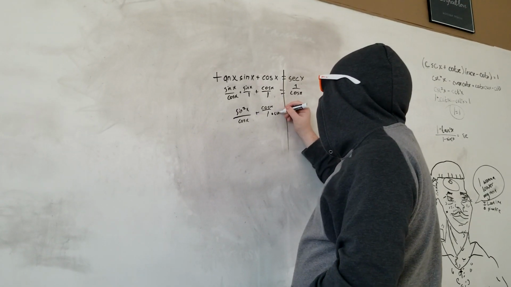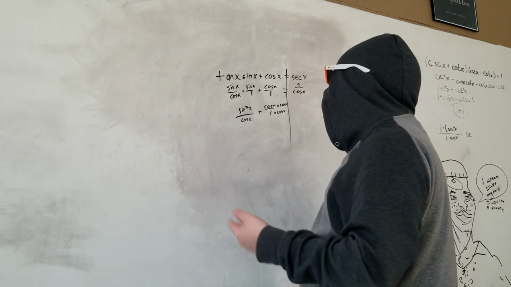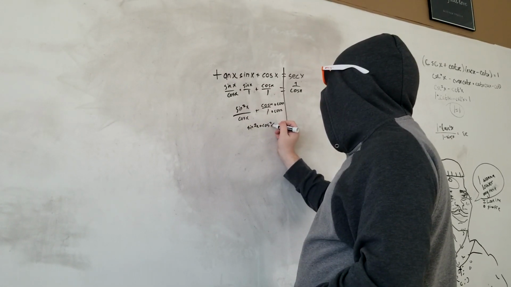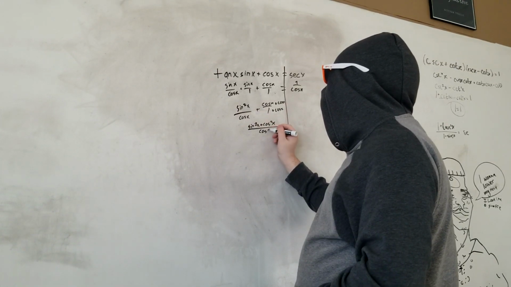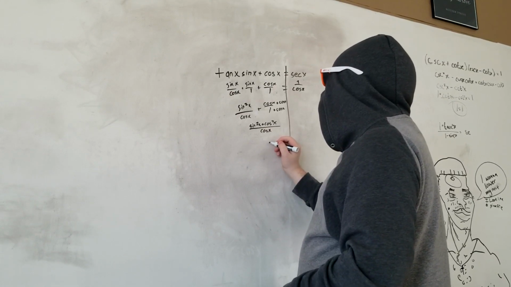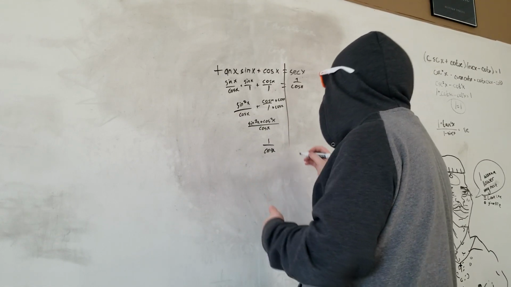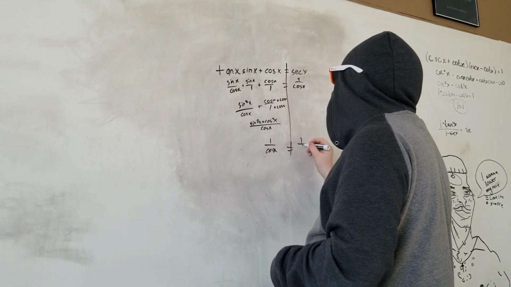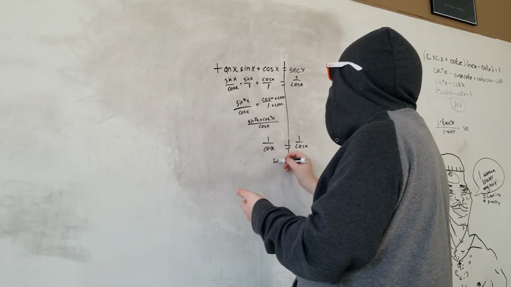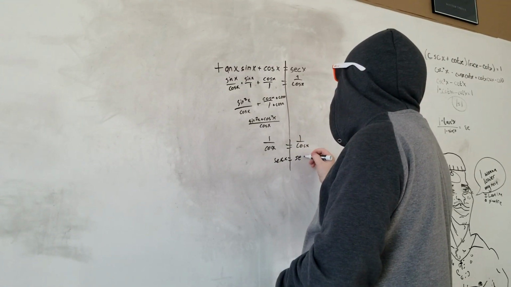So we must multiply both sides of this side of the problem by cosine x, which leaves us with sine squared x plus cosine squared x over cosine x. Sine squared x plus cosine squared x equals 1. So this is basically the same as 1 over cosine x, which thankfully is the same as 1 over cosine x. And this problem is also the same as secant x equals secant x.